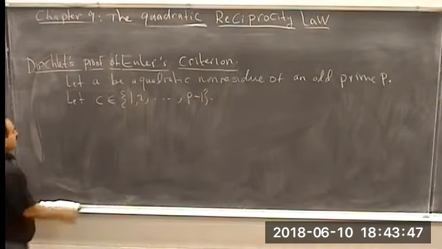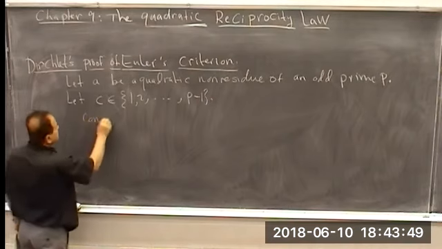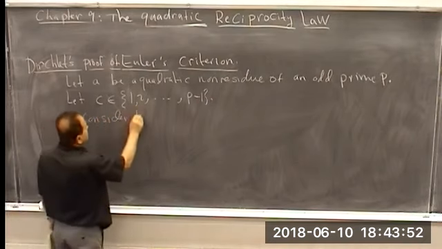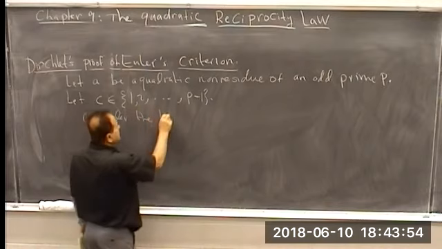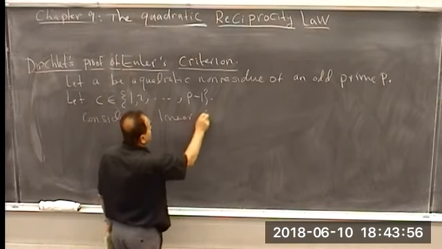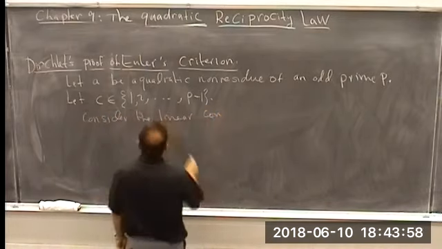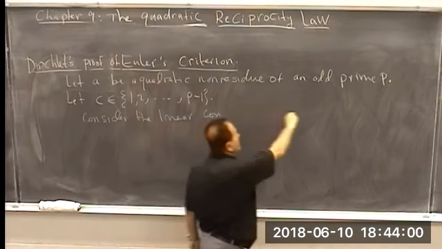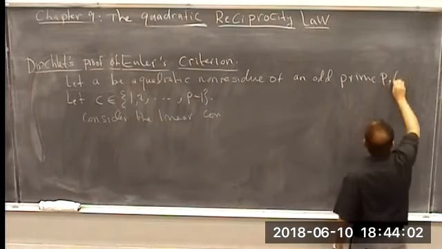Then we're going to consider the linear congruence. Of course, remember that a is relatively prime to p.